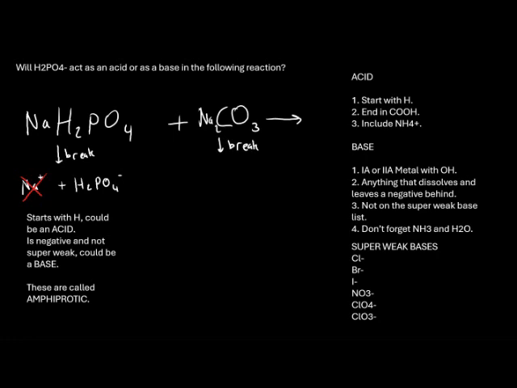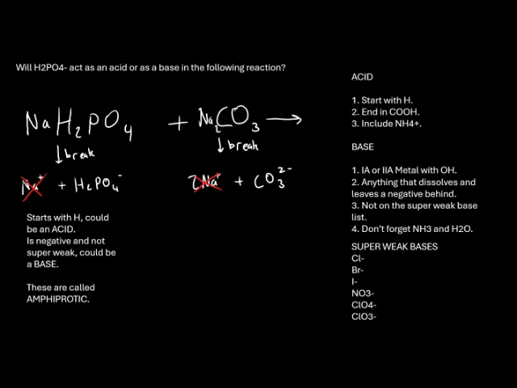It'll break into two pieces of Na+ and one piece of CO3 2-. Just like before, we can safely ignore the Na+ because it will not take part in any acid or base activity, so we're going to concentrate on the CO3 2-.